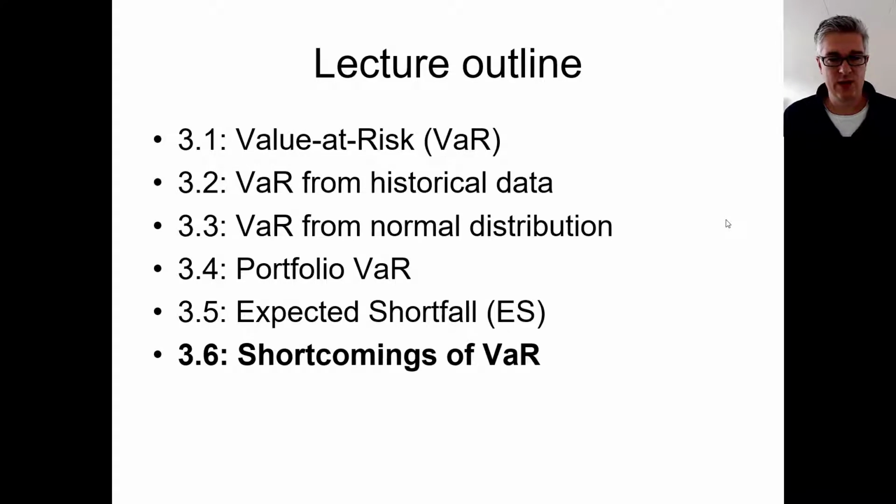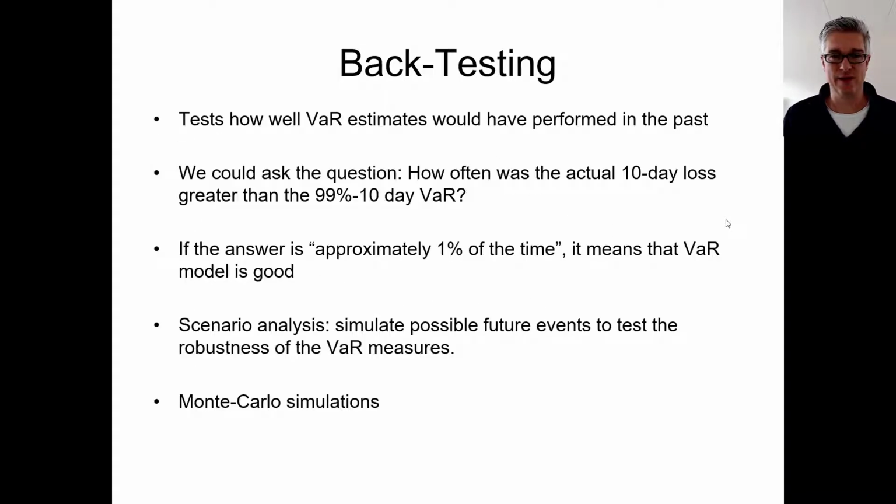So to close up this lecture, I wanted to talk a little bit about the shortcomings of the value at risk and how to solve those. So first of all, how do you know if you have a good value at risk number? Well, what you can do is do some back testing, right?